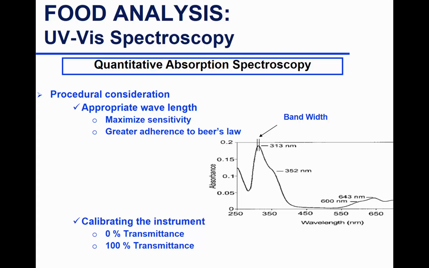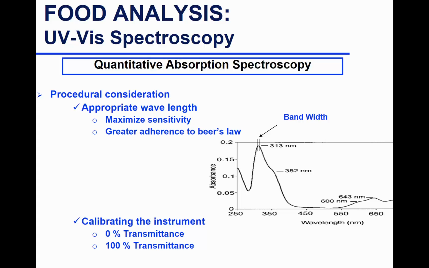When you select a wavelength or a band, we call it a band because I'll explain why. Remember your monochromator?